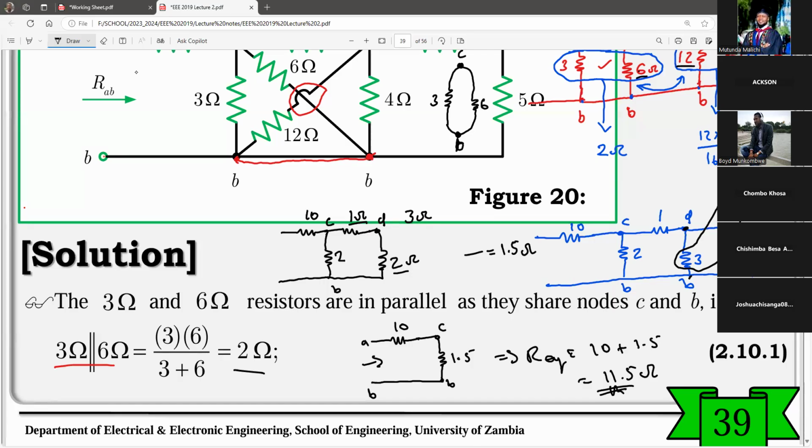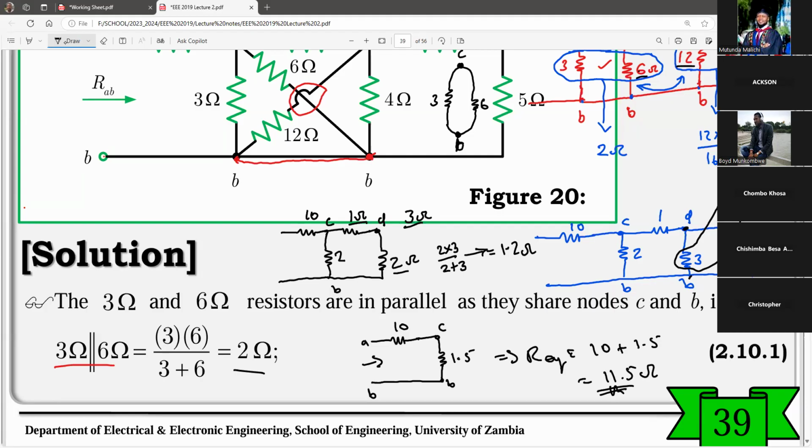Then this one plus 2 gave us 3. So the equivalent of this parallel combination should be 2 times 3 over 2 plus 3, giving us 6 over 5. 6 over 5 gives you 1.2 at that point. So this is 1.2 ohm.